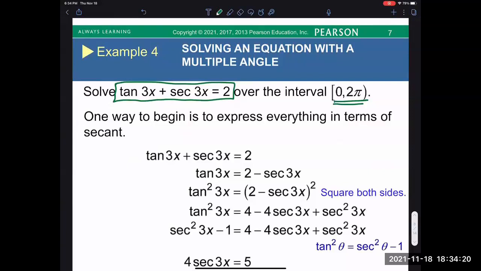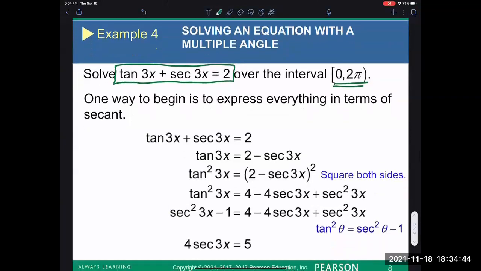Well, this will most likely go back to our fundamental identities. Remember, you have sine squared plus cosine squared equals 1. And then you have additional identities off of that that allow you to go between tangents and secants or cotangents and cosecants. The one for tangent, they have down here, but as if you got this far, you'd already have to know that this is what you were looking for.